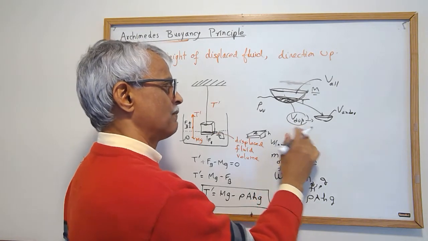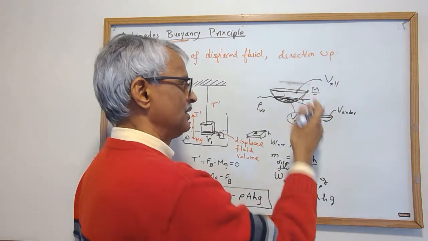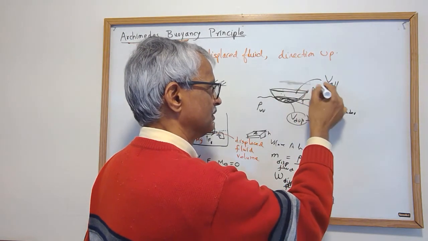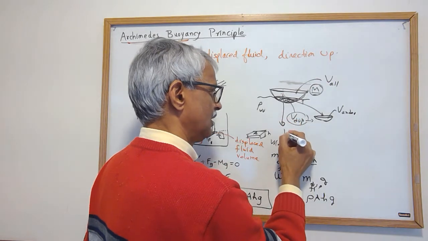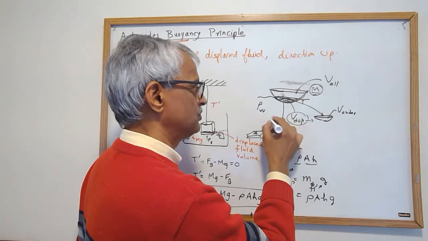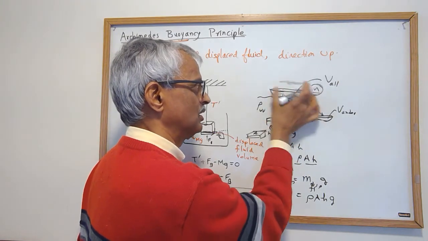So here, once again, it's going to be very, very simple. At this point in time, there's one force on the ship, the weight, and then there is a force of buoyancy on the ship. They must be cancelling because there's no vertical acceleration of the ship.